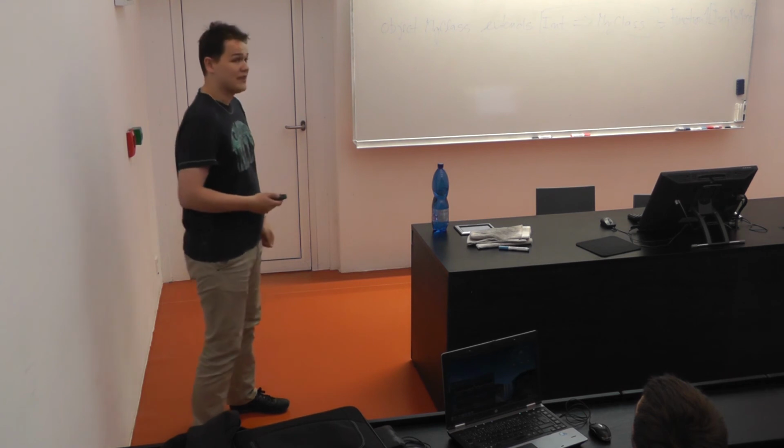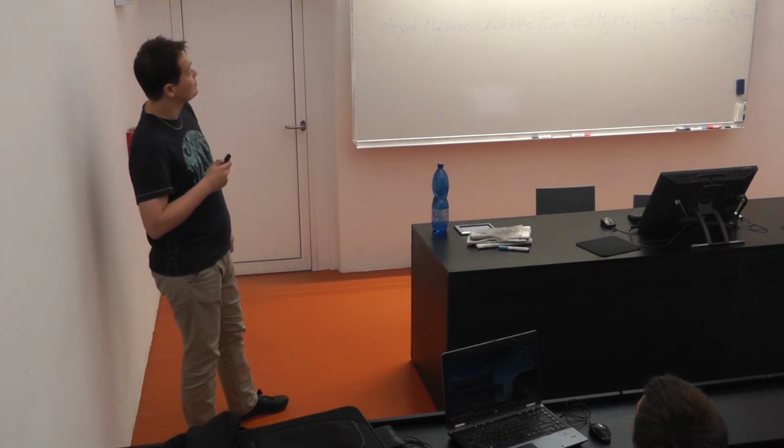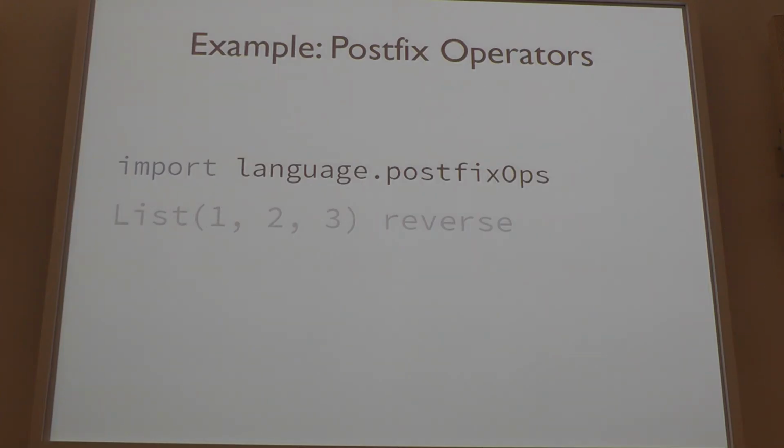So in Scala 2.10, a warning is emitted from the compiler, and you have to import the postfix ops implicit value from the language object so that the warning is disabled.